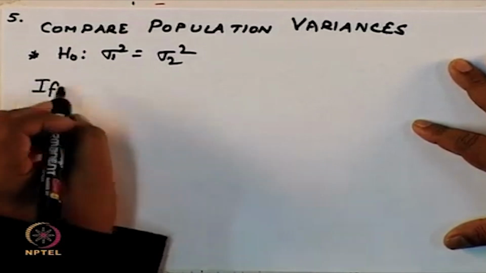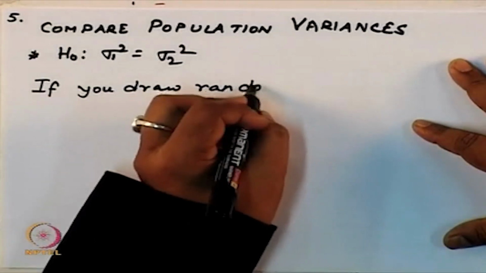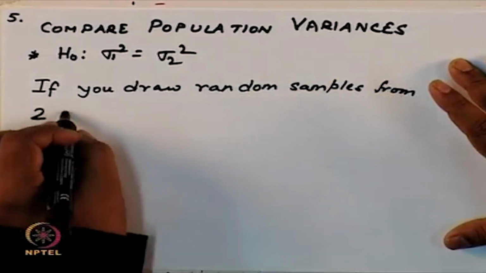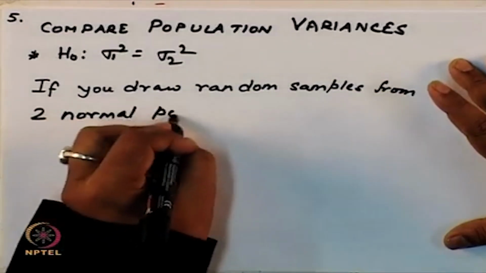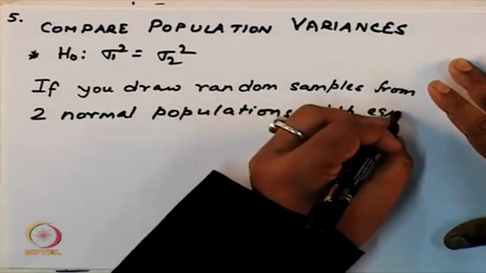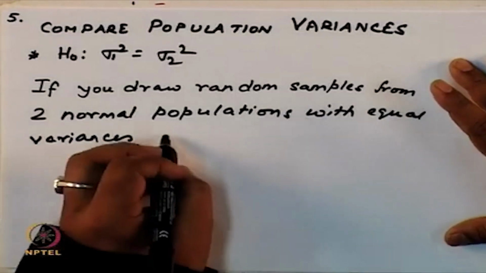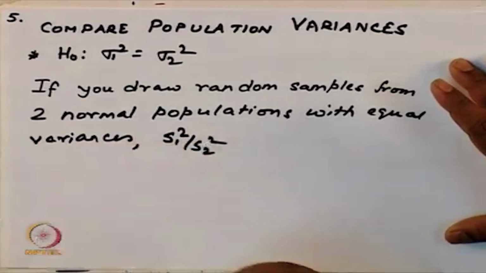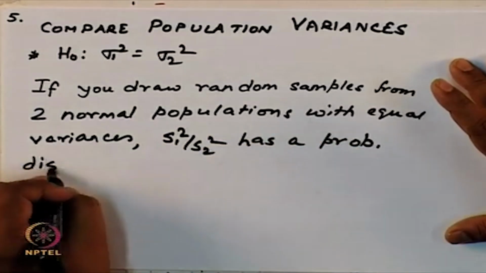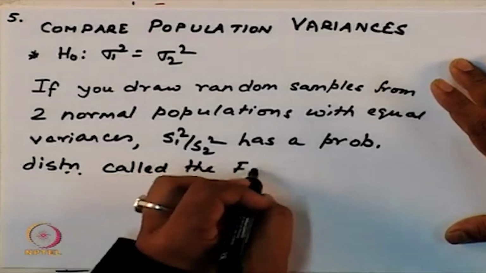If you draw random samples from two normal populations with equal variances, then the metric S1 square by S2 square has a probability distribution called the F distribution.